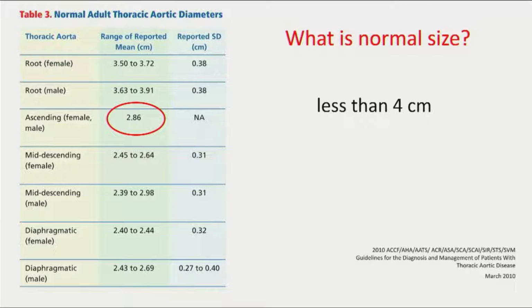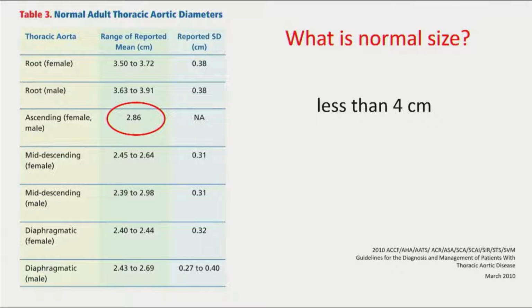What's normal in a man is not necessarily true for a woman. In the same way, someone who's 6'6" would probably have different measurements than someone who's 5 feet tall. So when we look at someone, we have to determine what is a normal size for that person. Also, in that single person, the aorta is not the same size the whole way through.